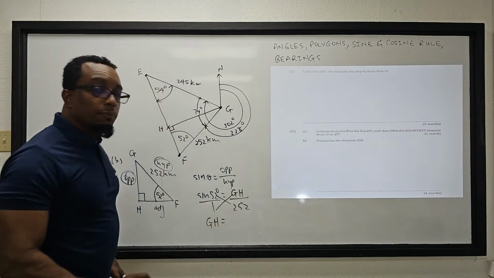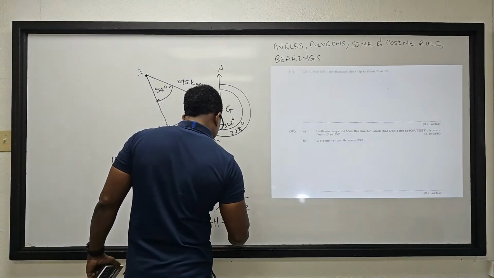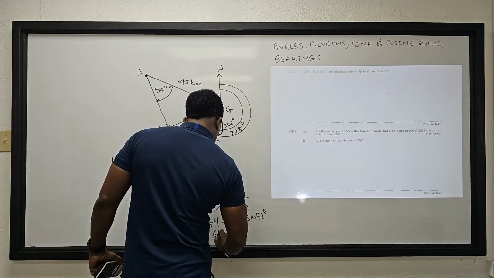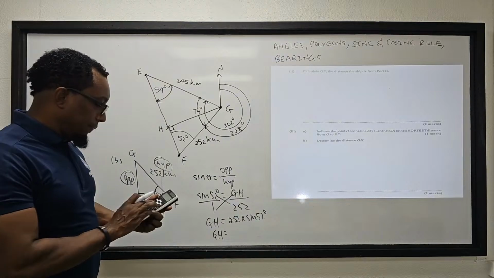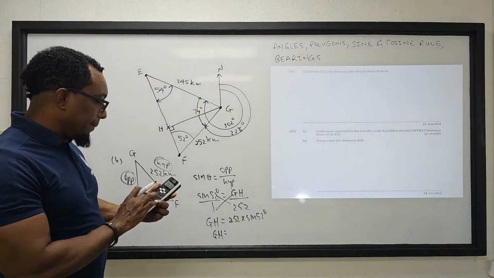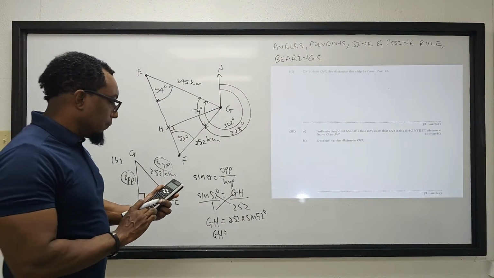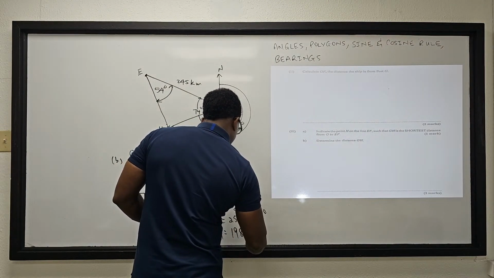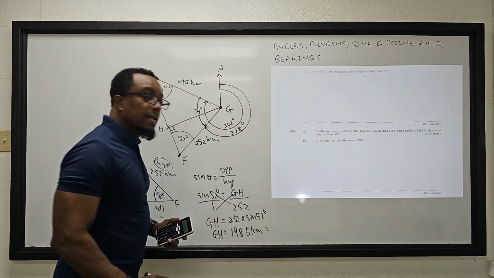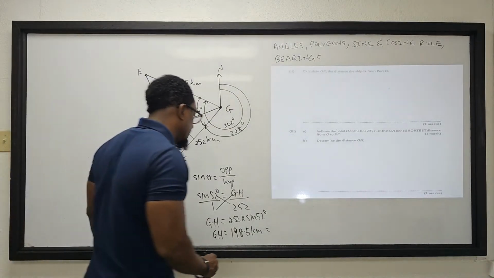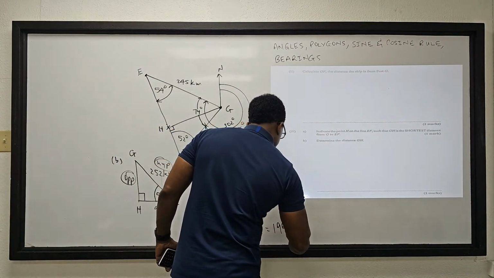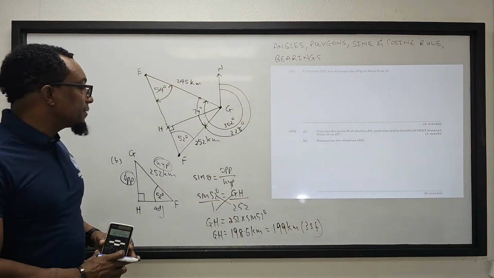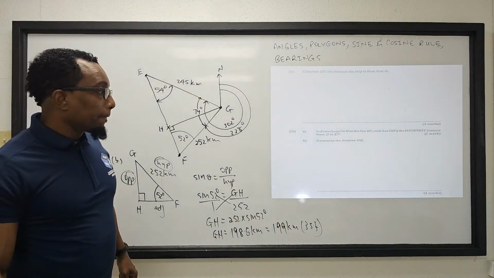GH is equal to 252 multiplied by sine 52, which will give us 198.5 kilometers, and correct to three significant figures, that's 199 kilometers. That's the distance GH.